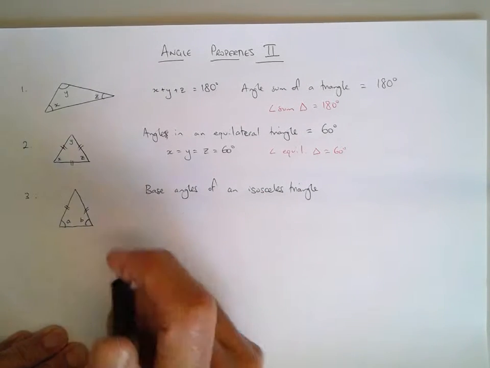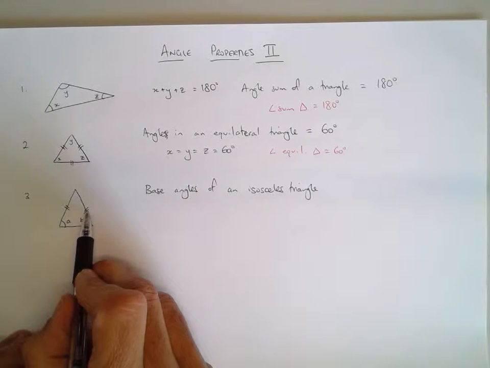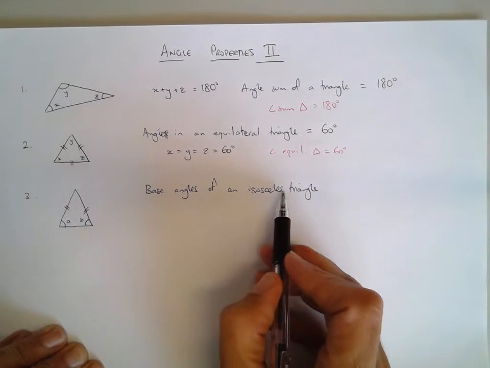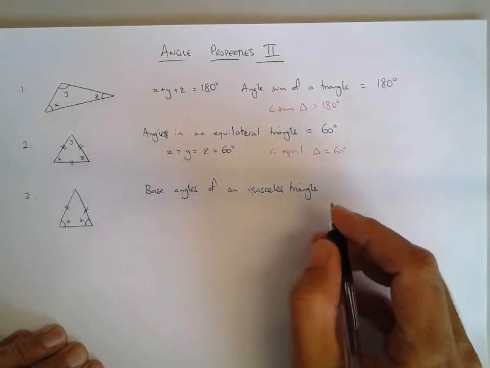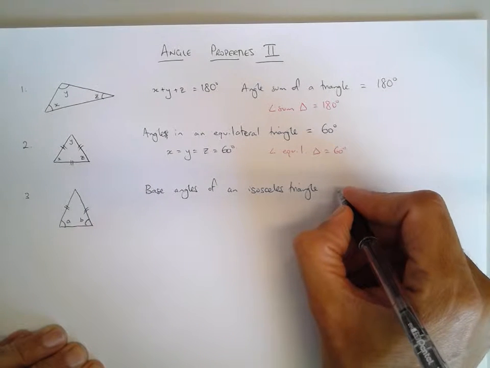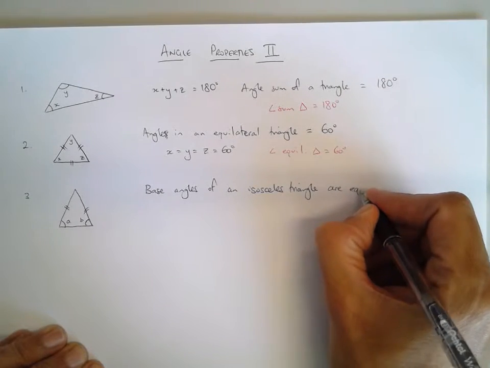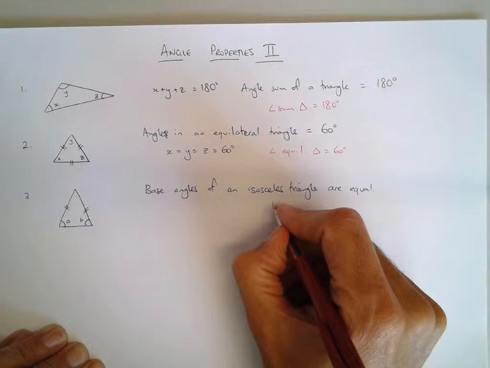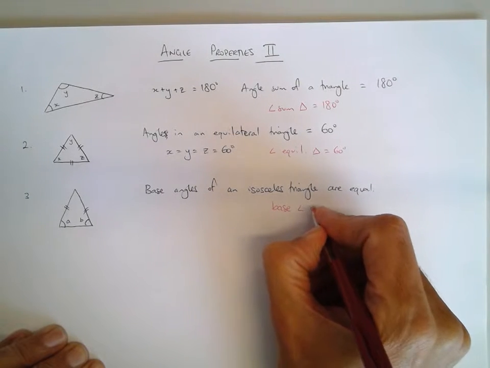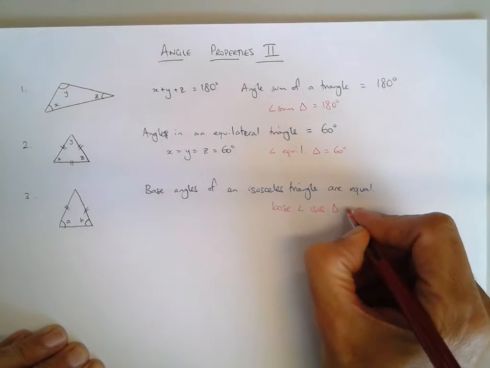They're the base angles. So I've got my two sides of the same length, which makes an isosceles triangle, and these two base angles here are equal. The base angles of an isosceles triangle are equal. Again, our shorthand, base angles isosceles triangle are equal.